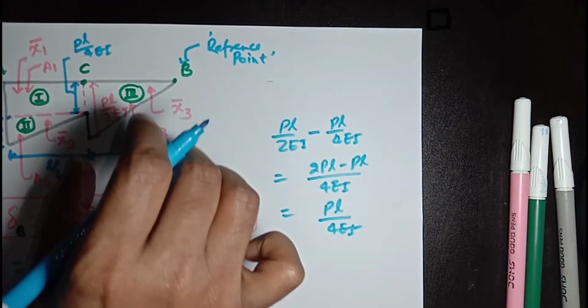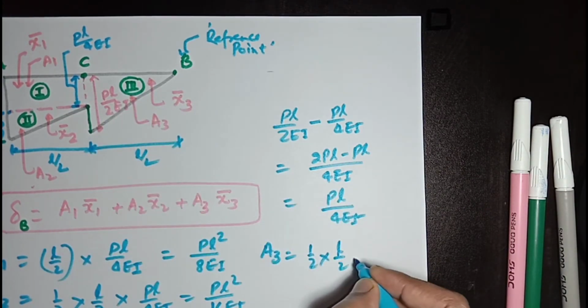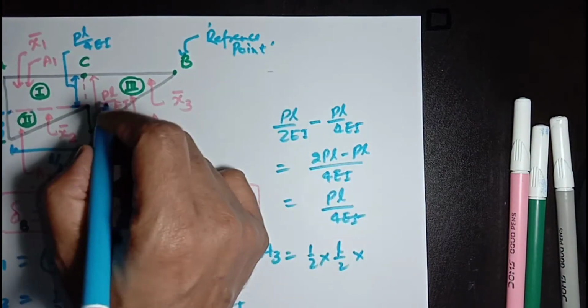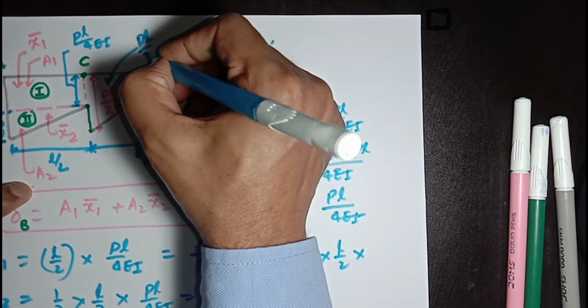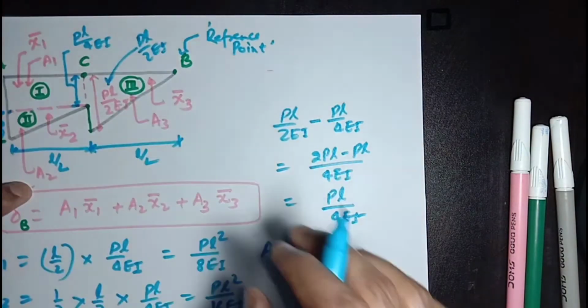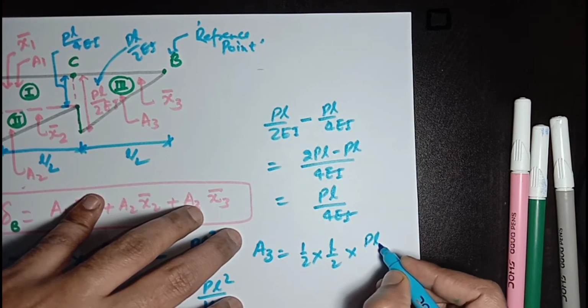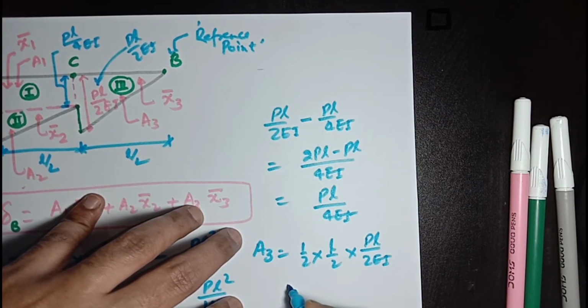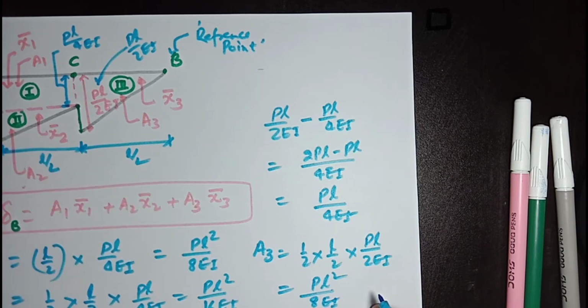The base length is L by 2, so half the base will be L by 2, and the height is PL divided by twice EI, so the area is PL square divided by 8 EI.